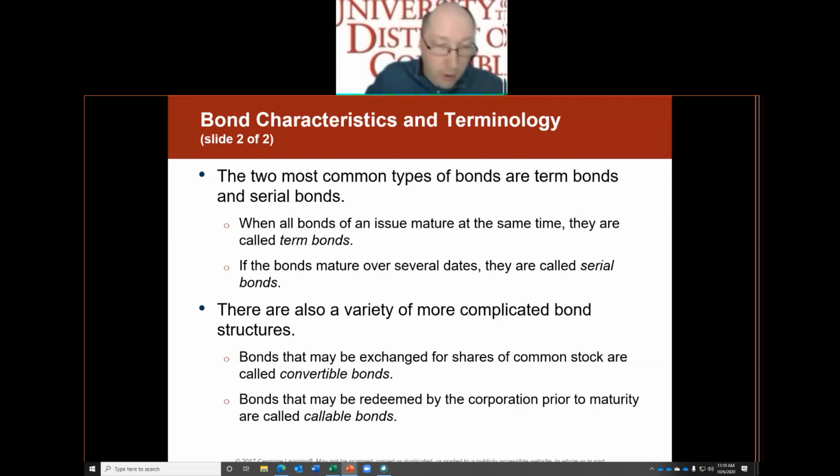We call those serial bonds because they occur in serial or sequence. When you hear the word serial in accounting or finance, it means sequence. They occur at different dates over time.